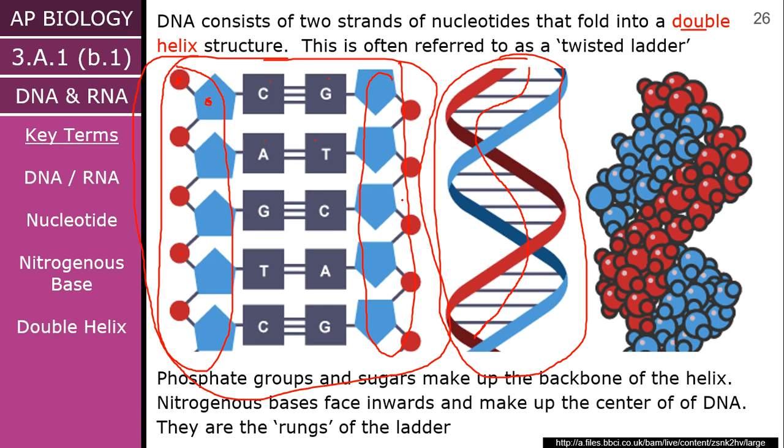And one thing you may notice about this diagram on the left here is that the pentagons kind of act like an arrow. And these arrows are all pointing up on the left side, whereas on the right side, they're pointing down. And that's going to become really, really important. DNA is made up of two strands, the left and the right strands. These bonds right here are actually quite weak bonds that are connecting the nitrogenous bases.